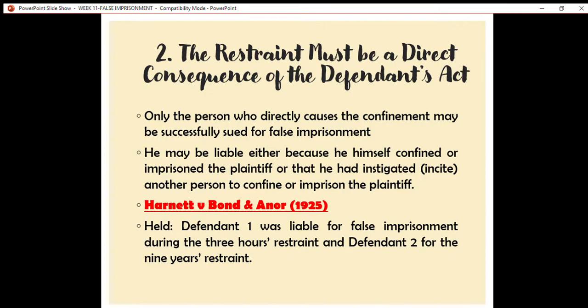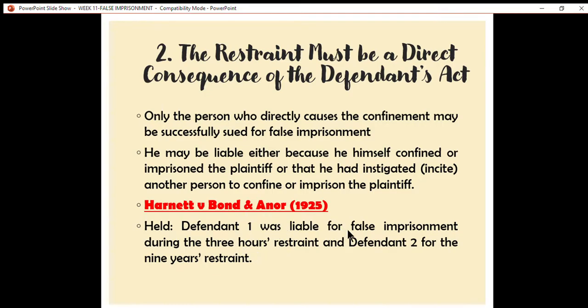So they have proved that at the time of the restraint made against the plaintiff for 3 hours, and then 9 years in the asylum, the plaintiff was actually sane, of sound mind. So what did the court hold in the case? Defendant 1 was liable for false imprisonment during the 3 hours, and defendant 2 for the 9 years of restraint.